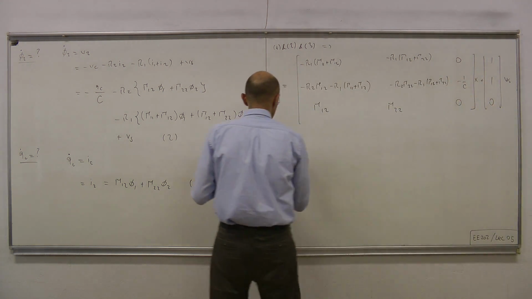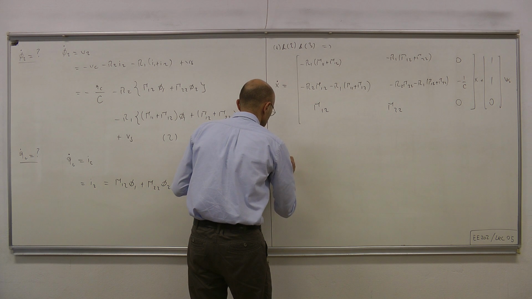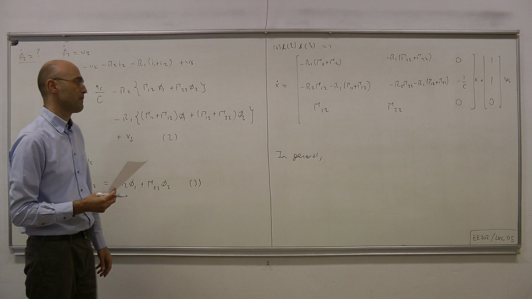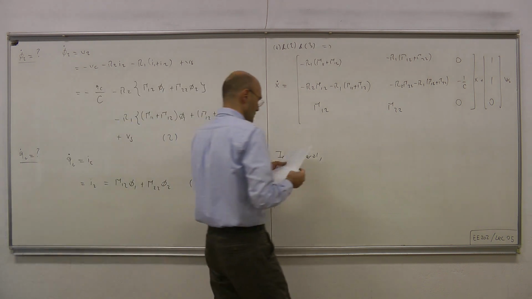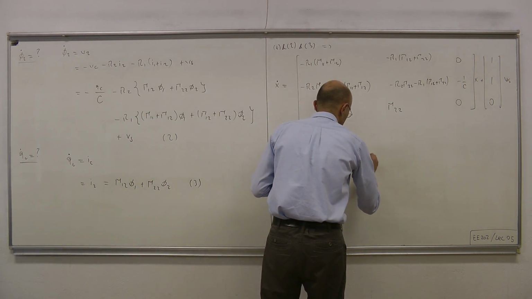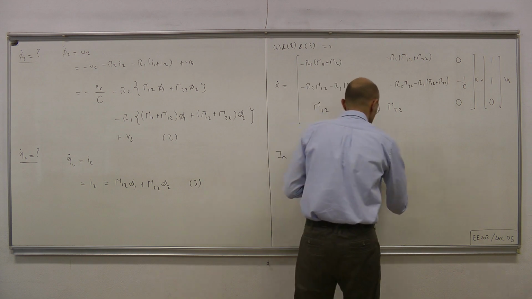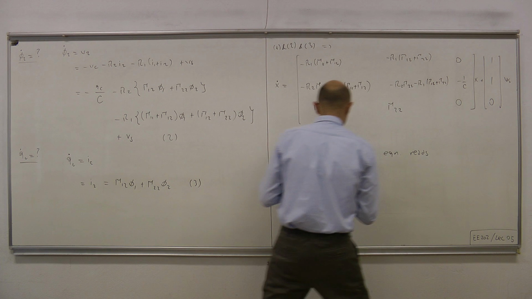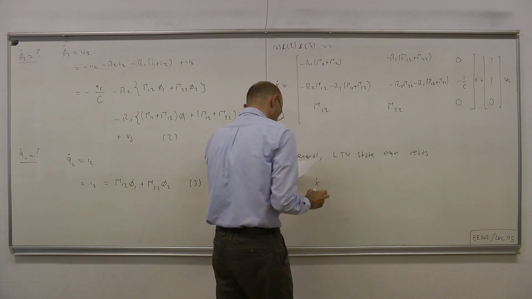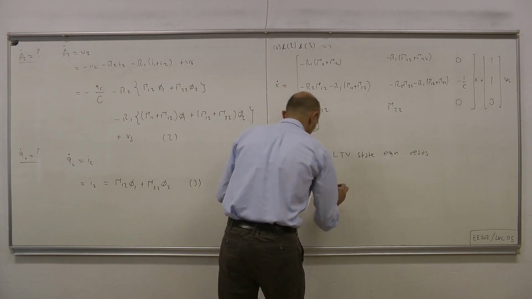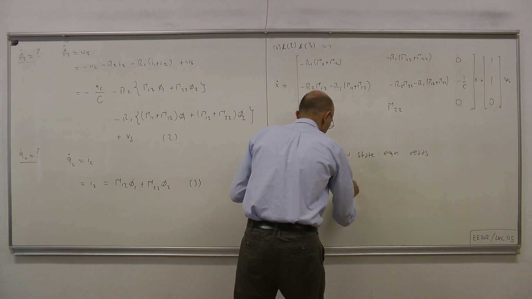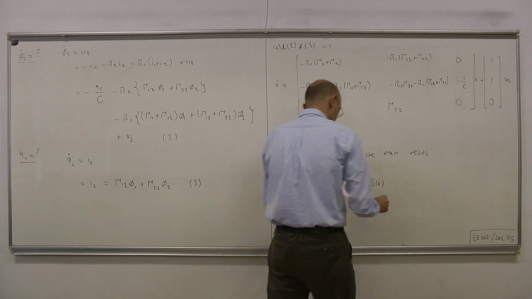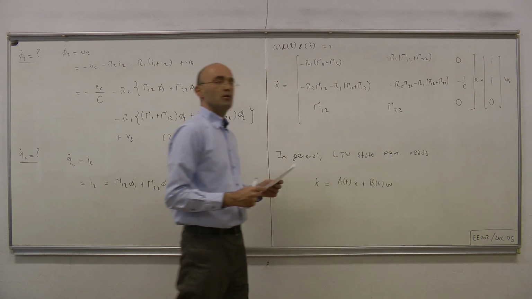Okay. So in general, for a linear time varying circuit, LTV, the state equation reads x dot equals A(t)x plus B(t)w. Okay.